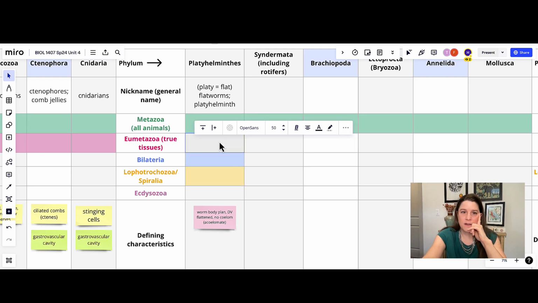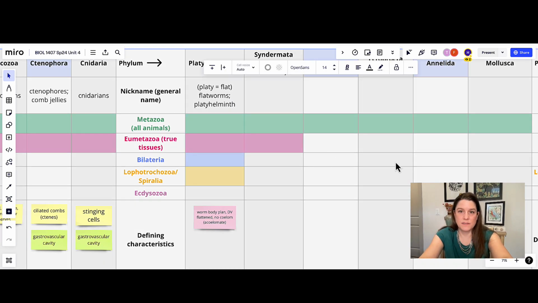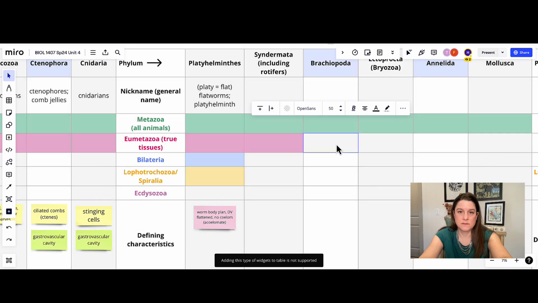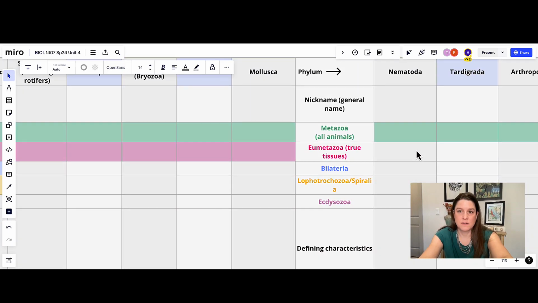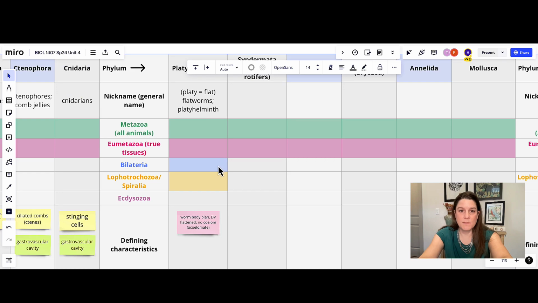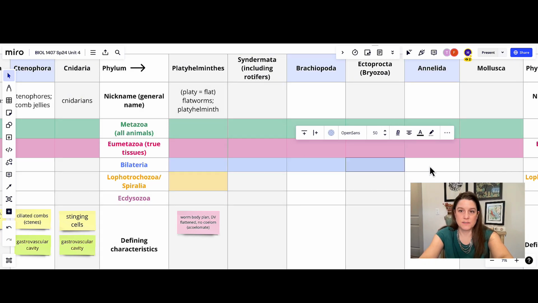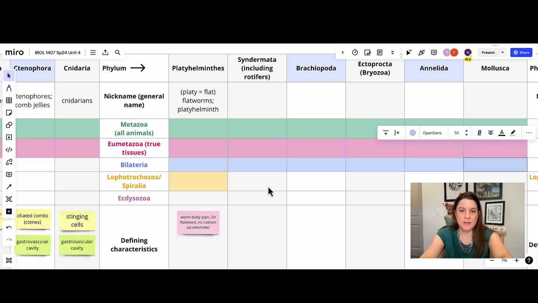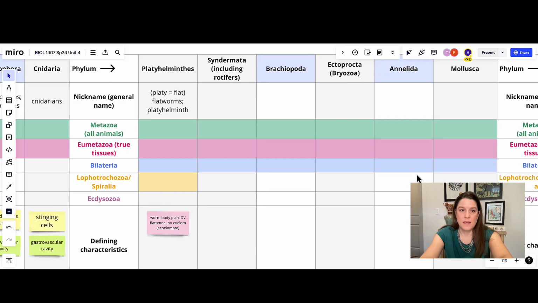They are eumetazoans, actually, so we know all of these are Eumetazoa from here. Okay. They are in Bilateria. That's also true for the rest of these groups. Continue on that. And in this case, they're the Lophotrochozoans.